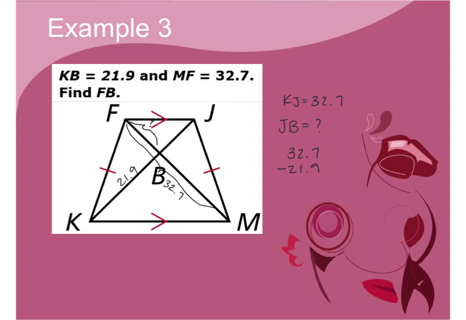When we subtract these, we get 10.8. So this little section has to be 10.8, and this little section FB also needs to be 10.8.